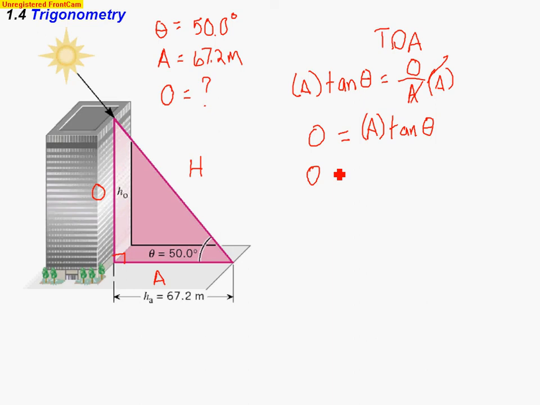Alright, so if we then plug in our numbers, we have O equals A, which was 67.2 meters, times tangent of 50.0 degrees. If you work that out in your calculator, you should get 80 meters.